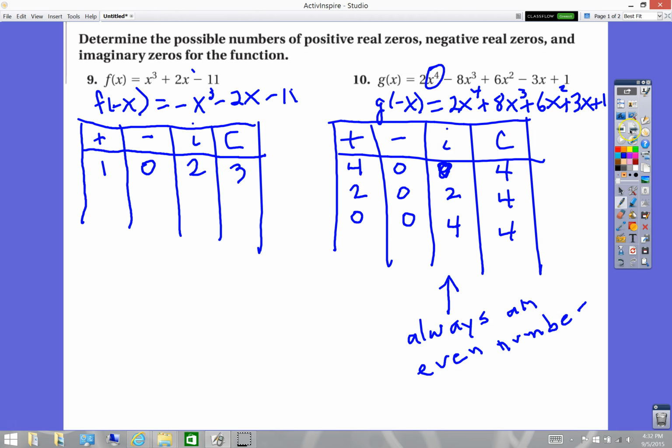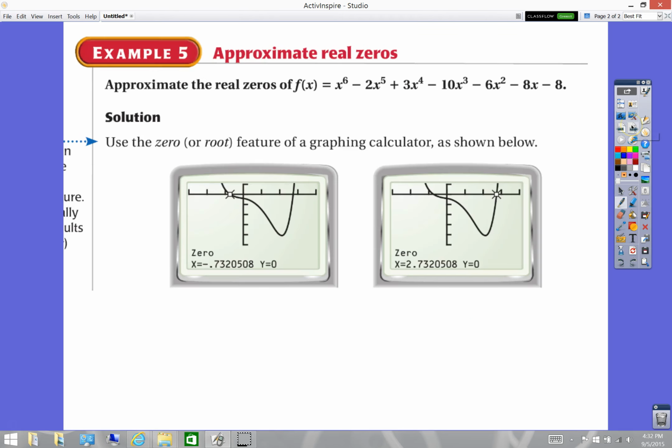I can tell you that when kids are learning this in school, most of them are using a graphing calculator for some of it. Not really what was on the last slide, but what's on this slide right here. Understand that when it comes to zeros, first of all, the number of complex zeros is always this number right here, 6.